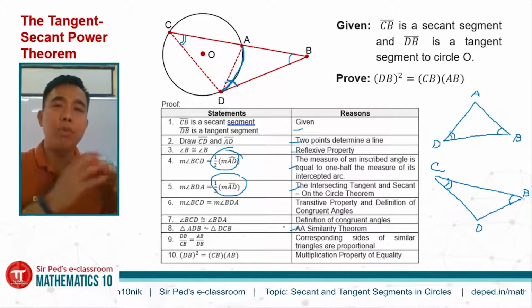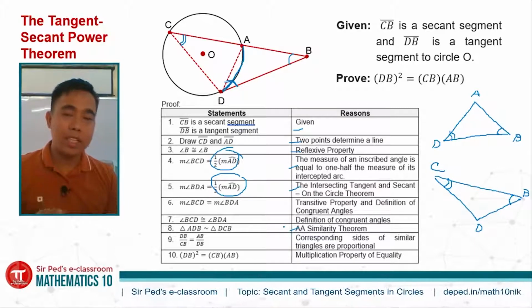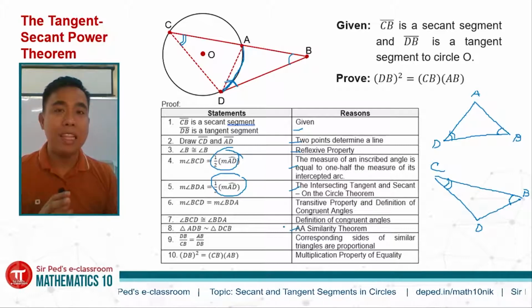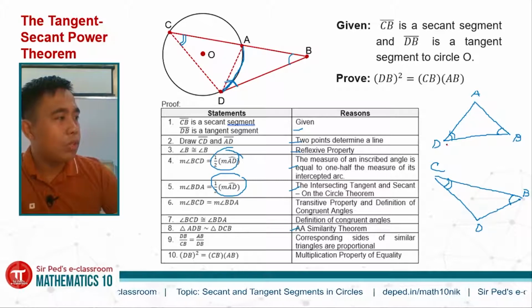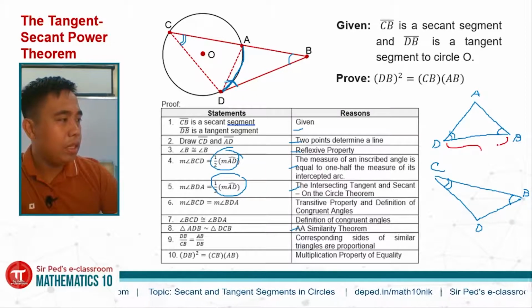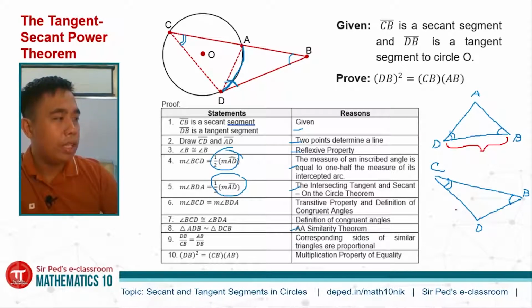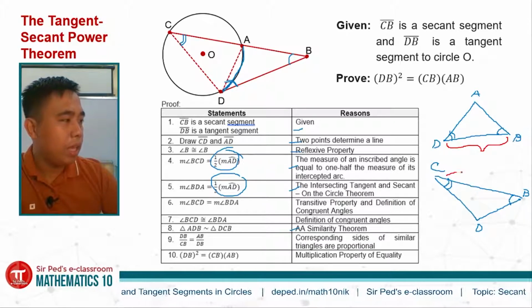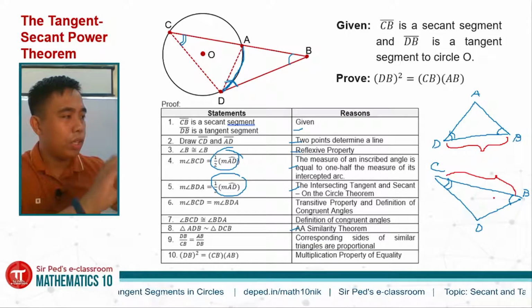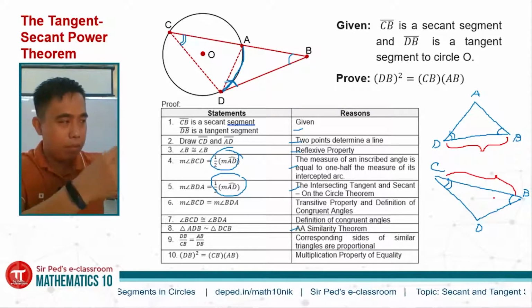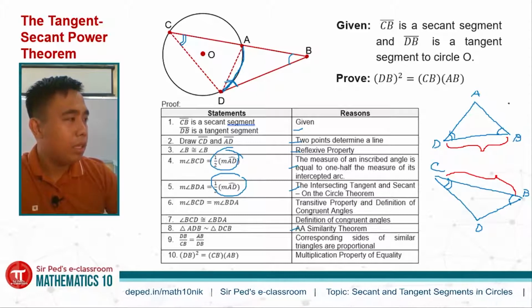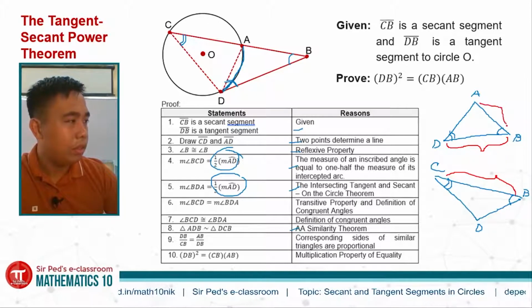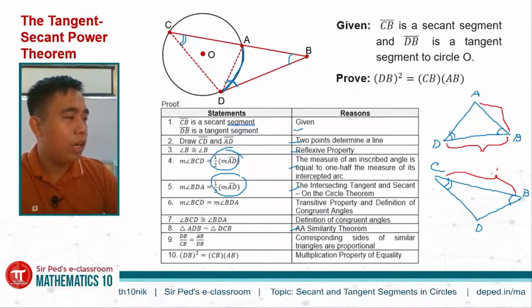So since we have proven that the two triangles are similar, then their corresponding sides are proportional. So BD, this portion, over CB, you can rotate it to see it better, is equal to AB over DB.